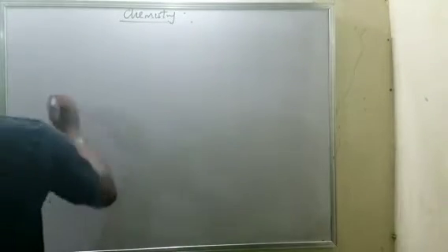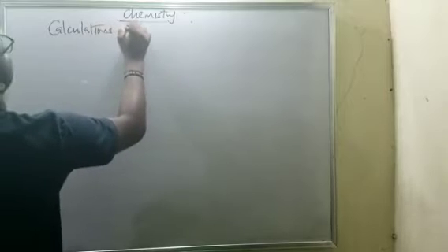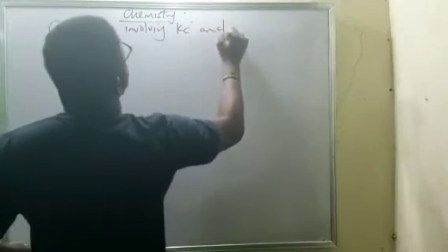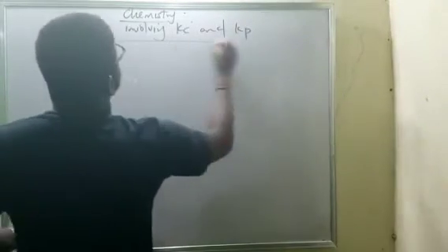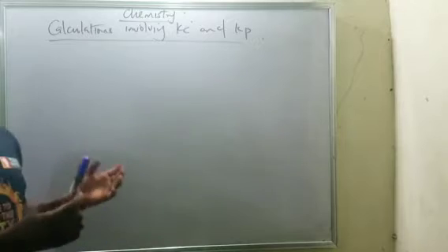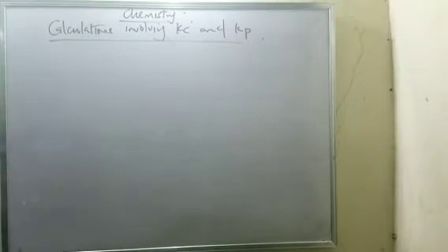So we'll be talking about calculations involving Kc and Kp. This is a sequel video to the derivations we have done earlier. So please follow me as we continue on this lecture.